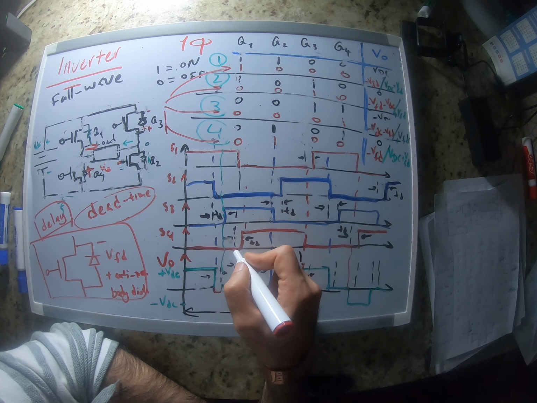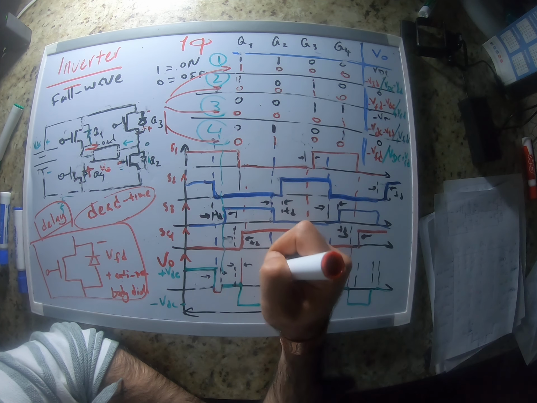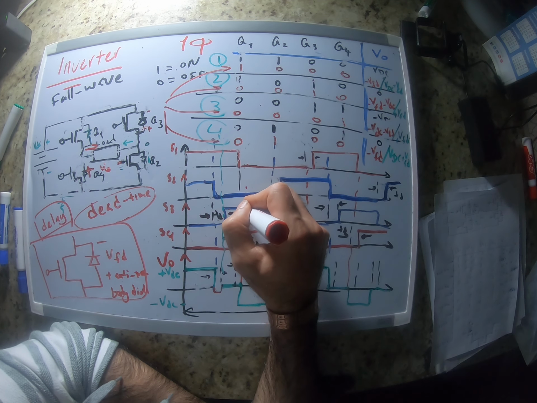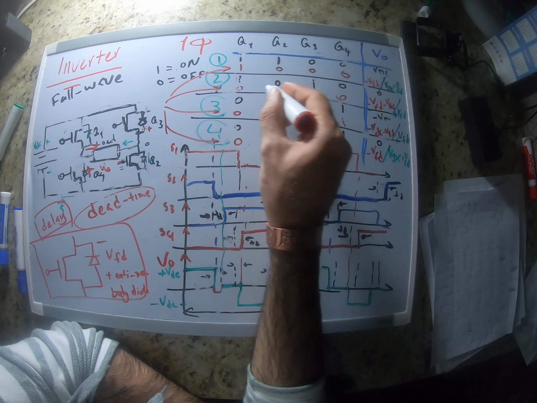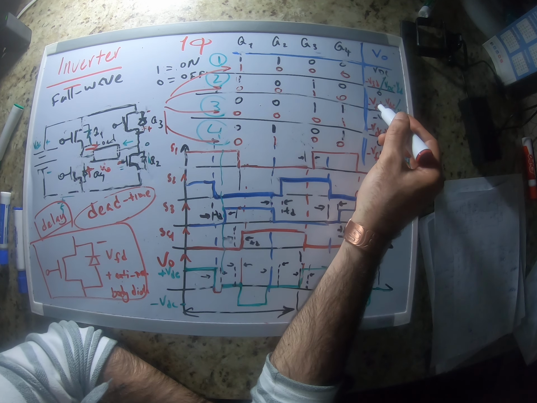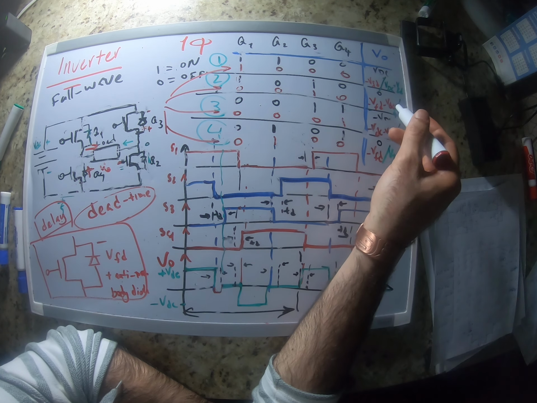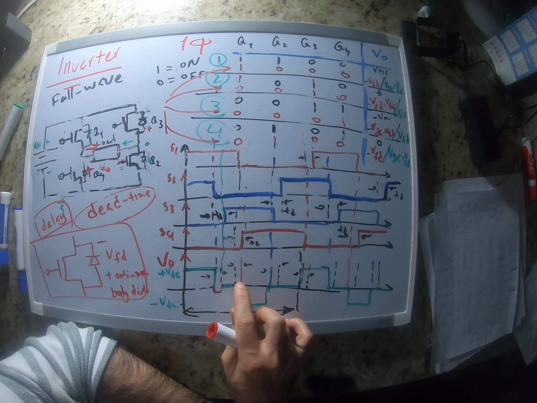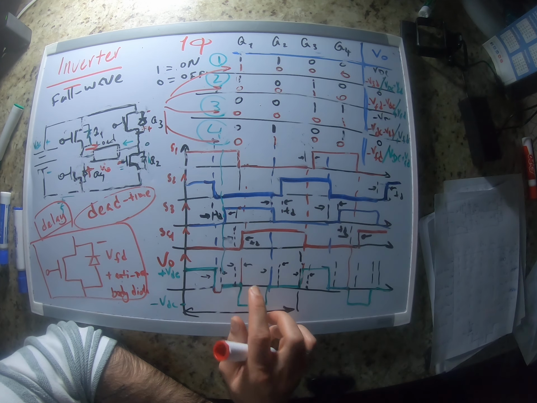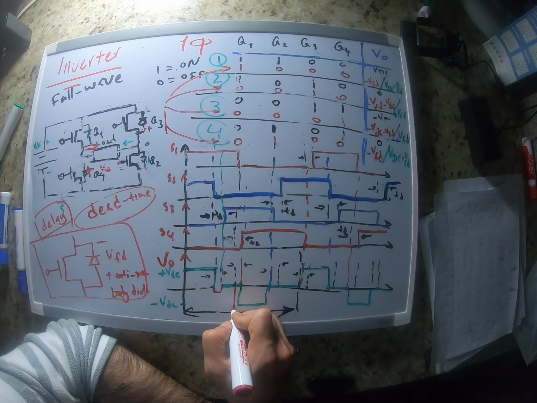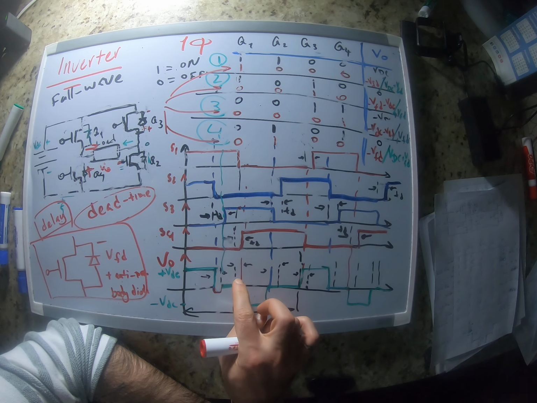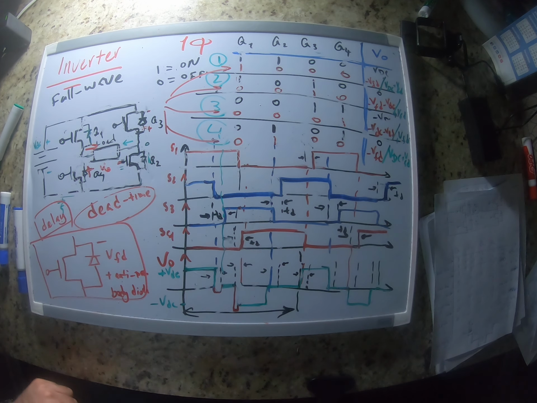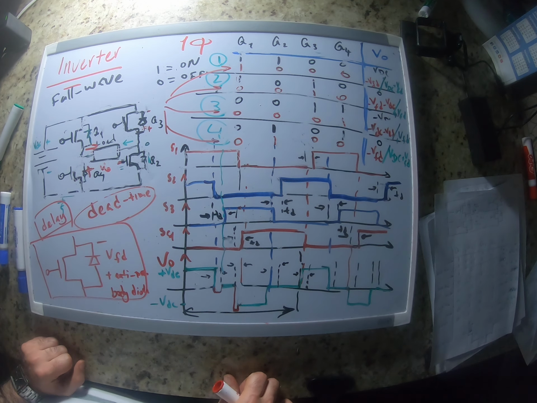Then the dead time is gonna come, so switch 3 is on, the other switches are off. The voltage across the load is gonna be negative VDC minus VFD, right? So it's gonna be something like this. Okay, so this is what's gonna happen. Negative VDC minus VFD.